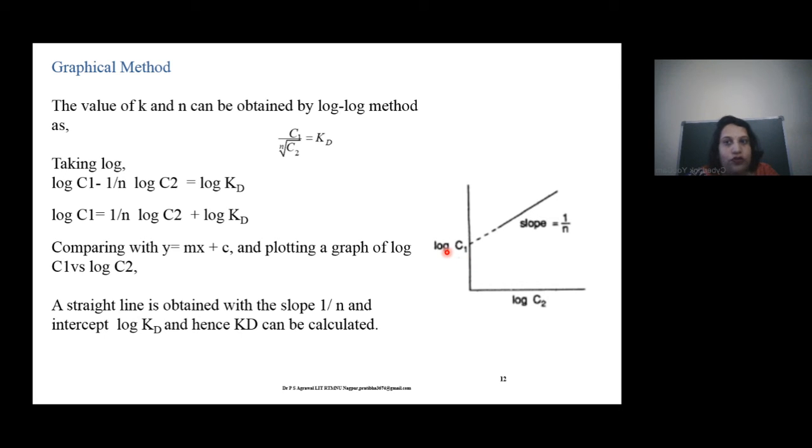Then we have to take the plot of log of C1 versus log of C2. We will compare it with y is equal to mx plus c. This is the intercept and this is the slope, 1 by m. From the slope we can find out the value of n, and the value of Kd can also be calculated by this method. This is the graphical method.